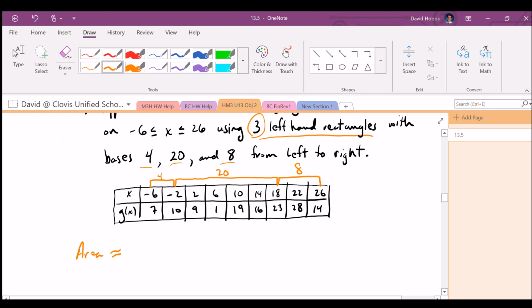But I would say if you only do it, pull out the base if it's the same base all the way across. So base times height, three left-hand rectangles. So I've got 4 times f of -6 plus 20 times f of -2, the left-hand side, plus 8 times f of 18.